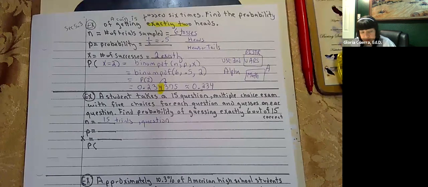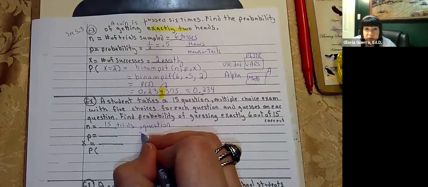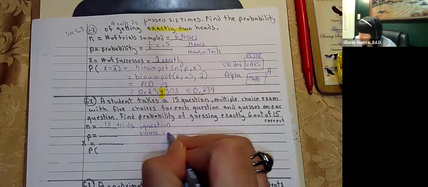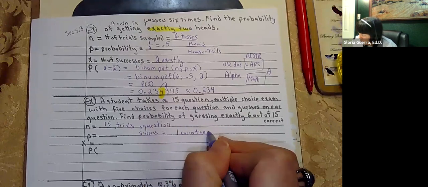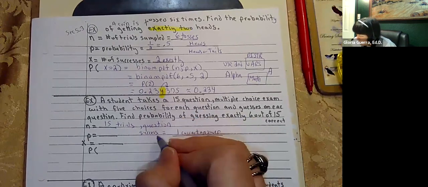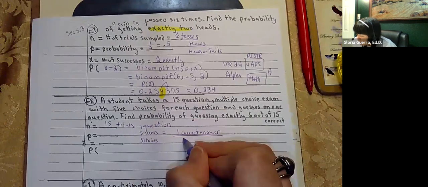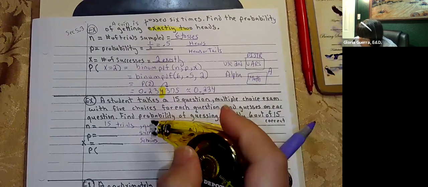Okay, so your probability is, when you think of successes, right? You're going to have one correct answer, right? That's the idea, that you make a test with one correct answer over 5 choices. So this is successes over the total.